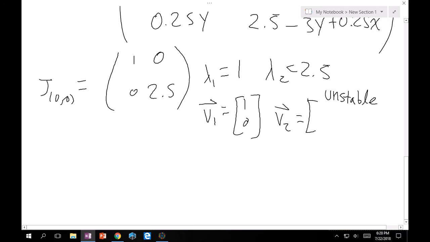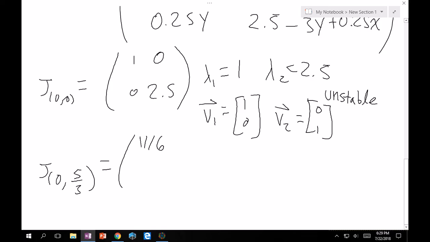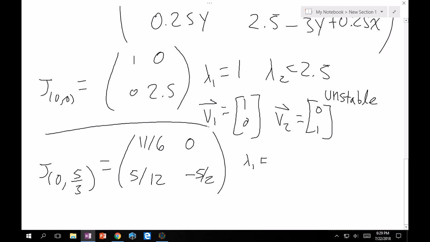So fairly nice eigenvectors. Same thing for (0, 5/3). This matrix comes out to be [[11/6, 0], [5/12, -5/2]]. Lambda 1 from here is going to equal 11/6, and lambda 2 is going to equal minus 5/2.